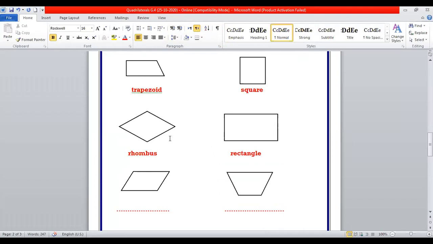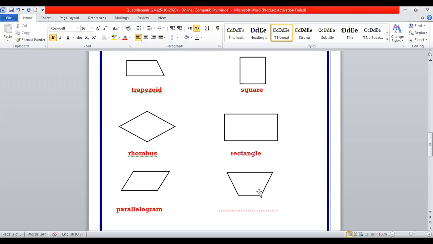Okay, the next one. What is the name of the next one? Malak Walid. Yes, Malak. What is the name of this quadrilateral? Trapezoid. No. Parallelogram. Yes, parallelogram.